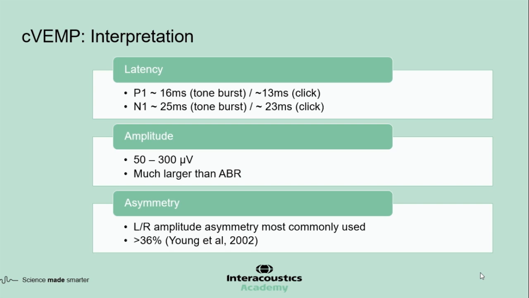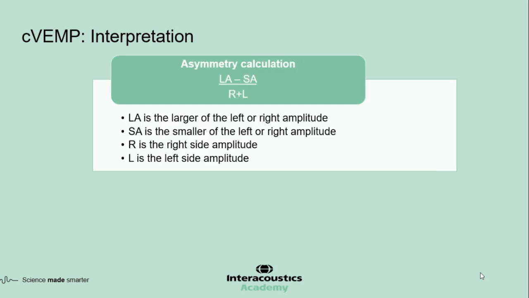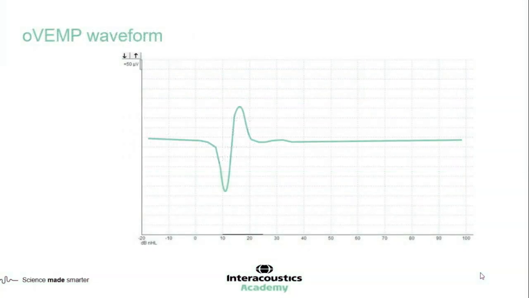Some of the earlier work with Young et al. in the early 2000s gave us a cVEMP asymmetry greater than 36% as being significant. We can actually do an asymmetry calculation. You can either do this manually, or if you're fortunate enough to have a system that can calculate this for you, effectively it's applying the amplitudes from both sides and looking at the percentage difference between them.